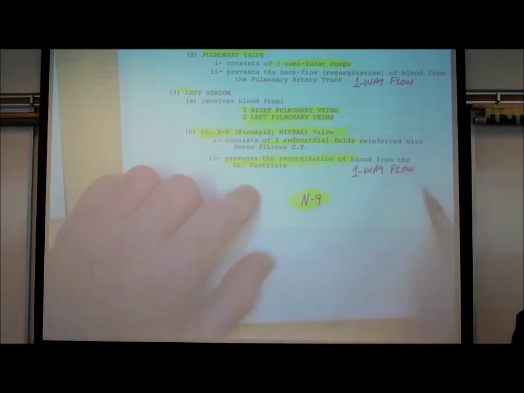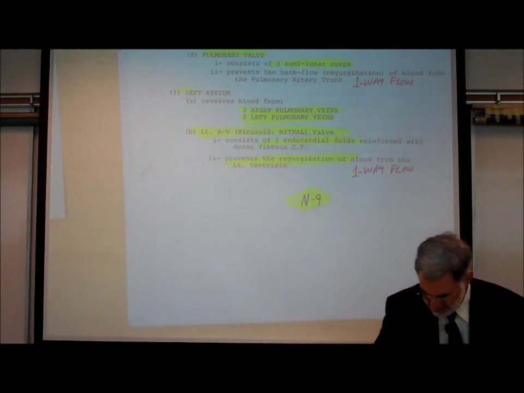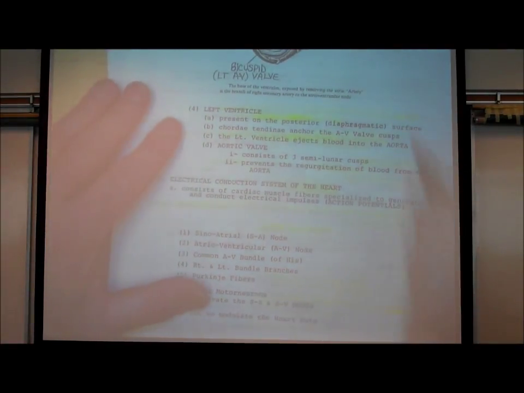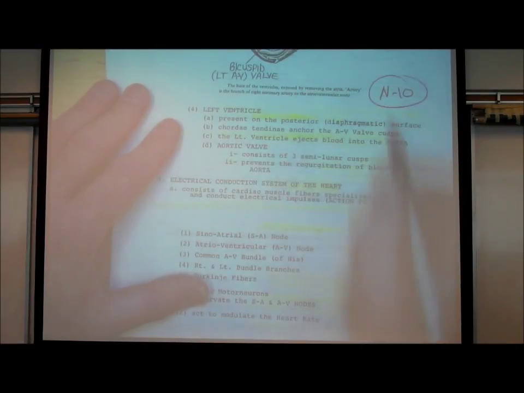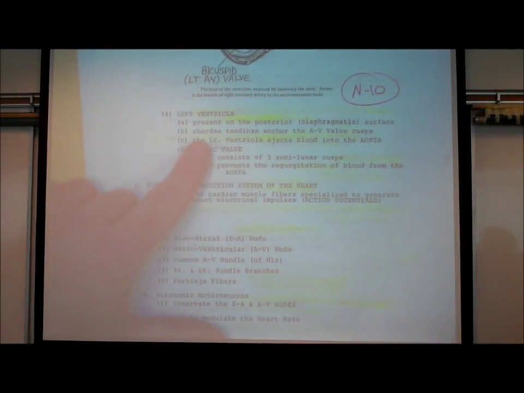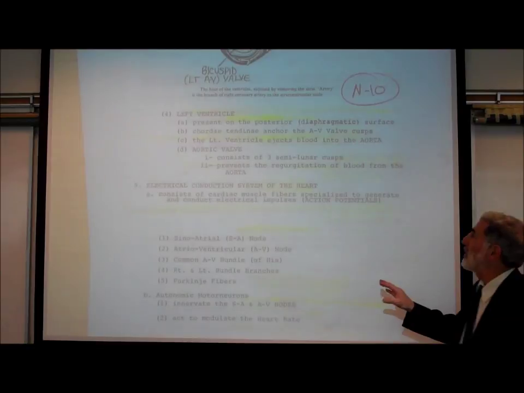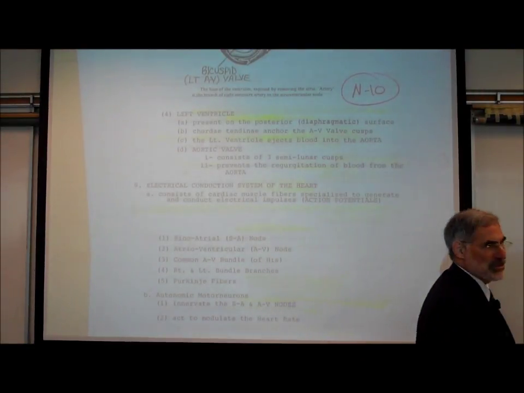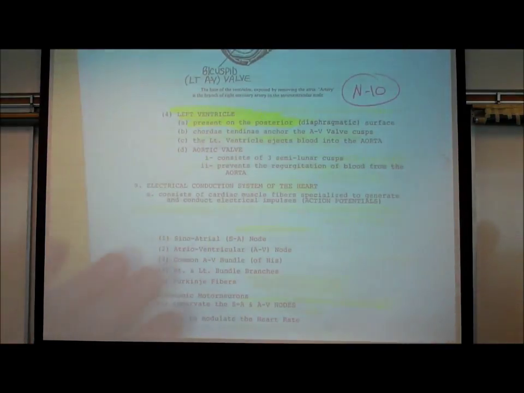And then if we look at N10, the blood goes into the left ventricle, and we wrote that the left pump is on the back side, the posterior side of your body, because the right pump is on the anterior side.